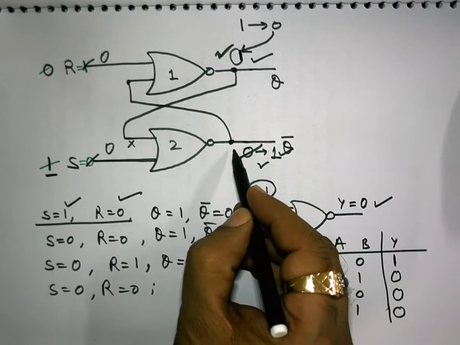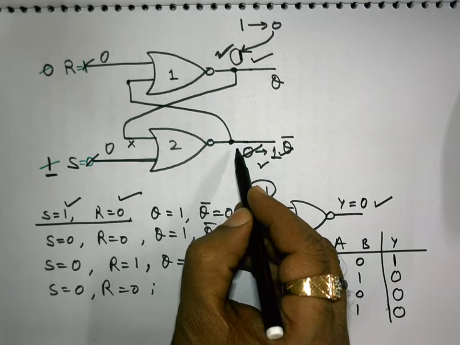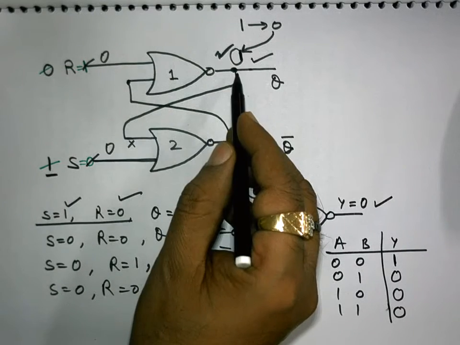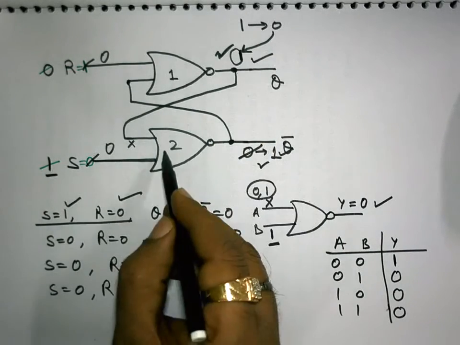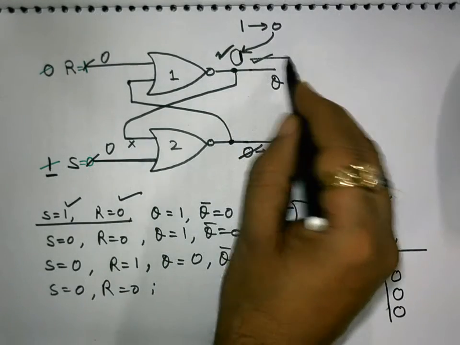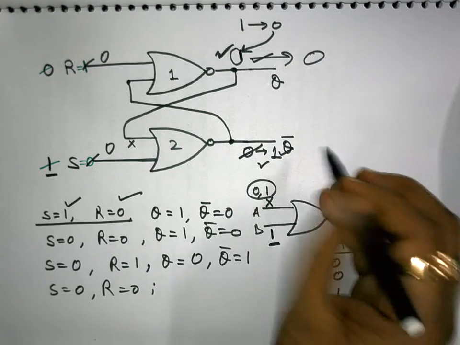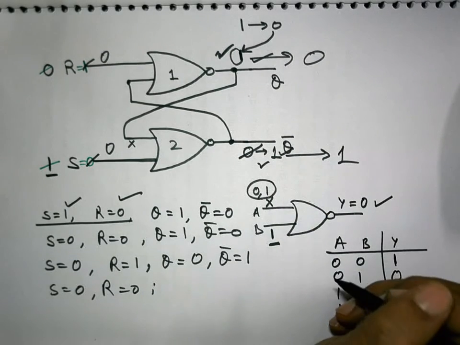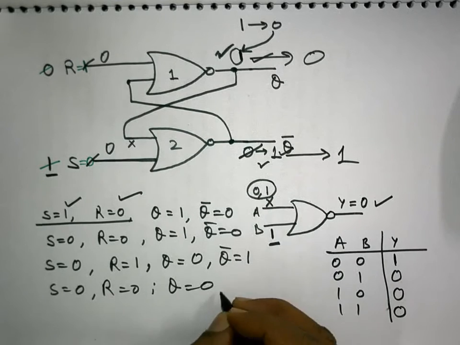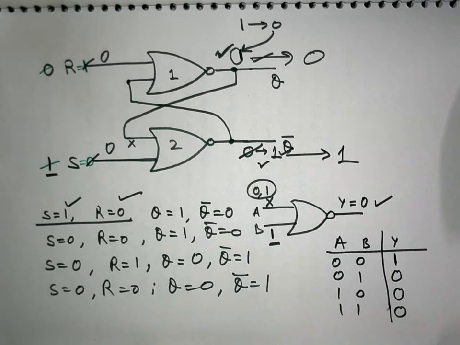So wherever there is 1 available, that 1 is going to make decision. This 1 and this 0 is making it 0, and this 0 and this 0 is making it 1. So it was 0, it will remain 0. It was 1, it will remain 1. So Q will be equal to 0 and Q bar equal to 1.